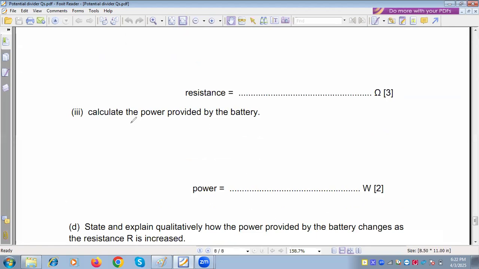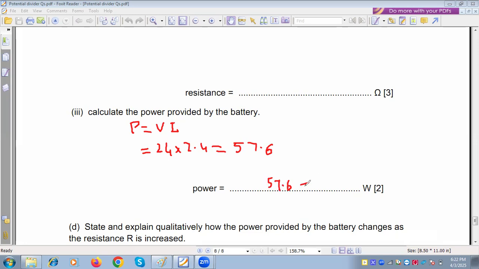P is equal to V into I. V is 24, and the battery is drawing the current 2.4 ampere. So 24 into 2.4 is 57.6 watt. If you want to express your answer in two significant figures, this will be 58 watt.